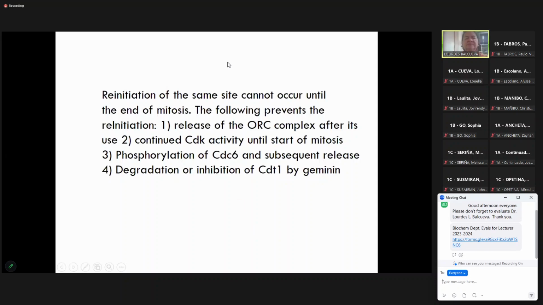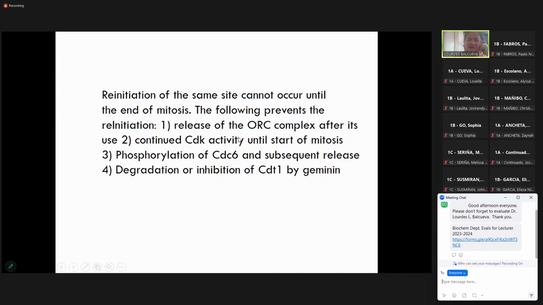Okay. So remember, for your information, the initiation at the same site in the ARS cannot occur until the end of mitosis. So what will prevent the initiation?